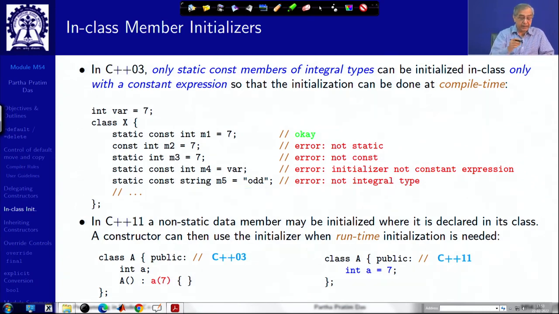In C++11, all these have been relaxed, and further actually non-static members can also be initialized in the class. So, in C++03, if you have a non-static data member A, in the constructor you will put this initialization. Here, with int A you can just say initialize with 7.